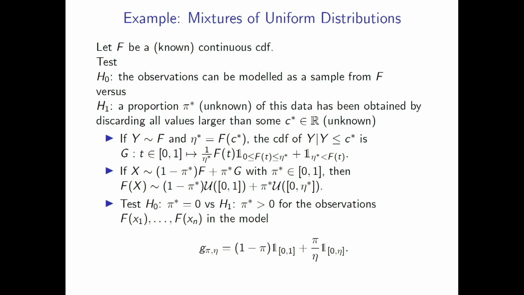Then I can show that f of x would follow a distribution which is a mixture between a uniform over the interval 0, 1 and a uniform over 0 eta star. So if I know f, I just have to be able to test H star, pi star equal to 0, in this mixture model. This is a very simple model, but we can answer this question with that.